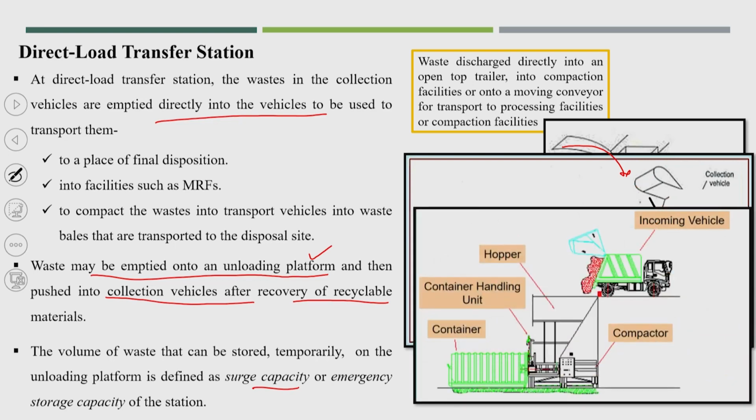Here you can see the incoming smaller vehicle getting unloaded into the larger container of the large vehicle, which has a compaction facility. The waste is unloaded, compacted, and the compacted waste goes into this larger container. So, this kind of facility is possible.